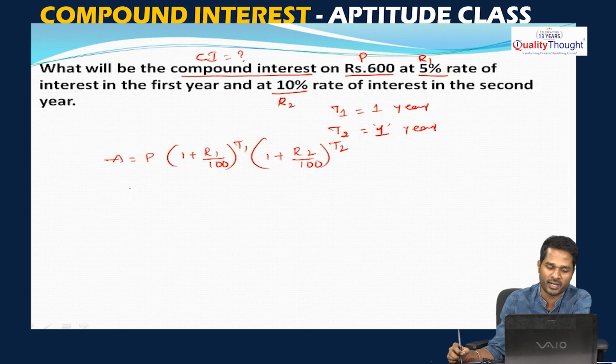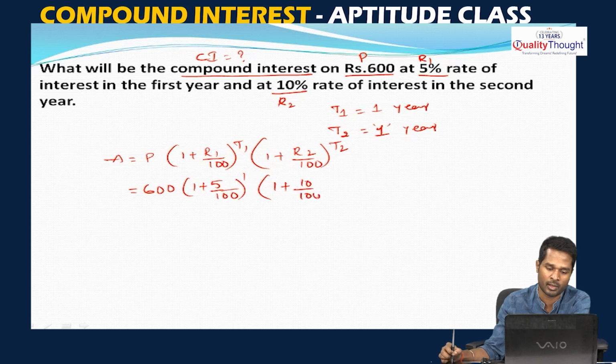So we will first find out the total amount. Principal amount is 600 into (1 plus 5 by 100) whole power 1, because we have only one first year, into (1 plus 10 by 100), as we have only one second year. Now try to simplify this.